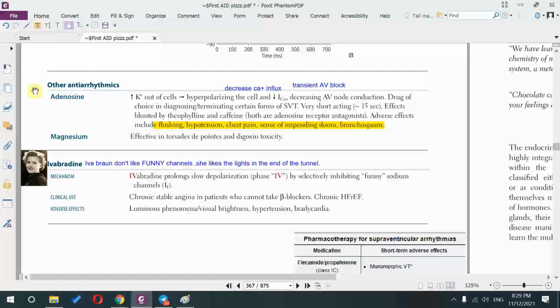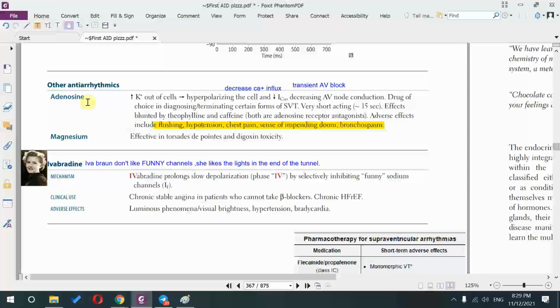Okay, now the other drugs that are not classified. The first one is adenosine. It just takes the potassium outside of your cells, and if your potassium is going outside of your cells, you will have hyperpolarization of the cell itself. There will be less calcium influx into the cell, so less calcium into the cells will lead to less contraction.